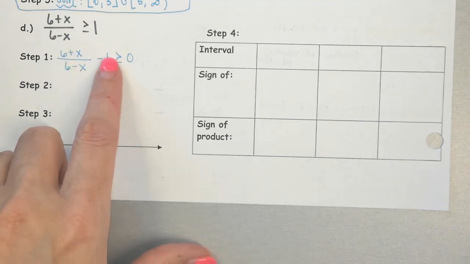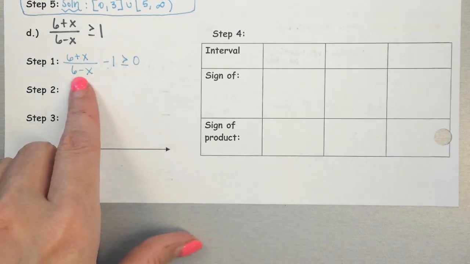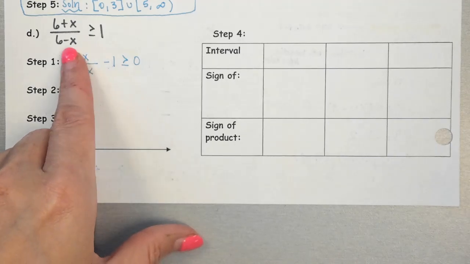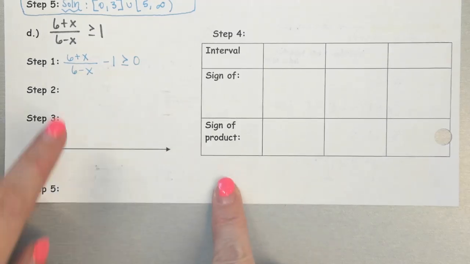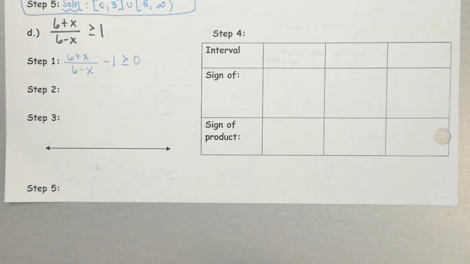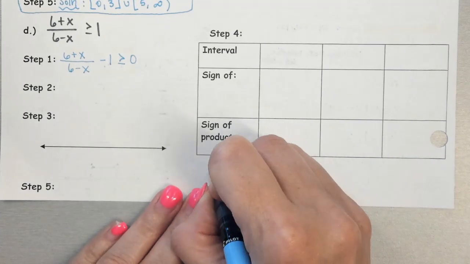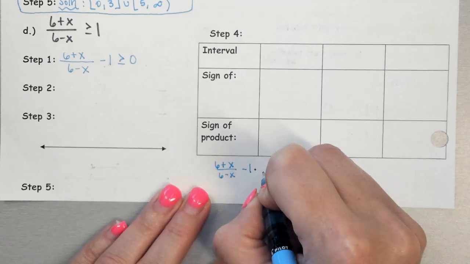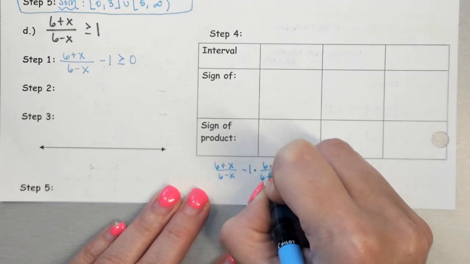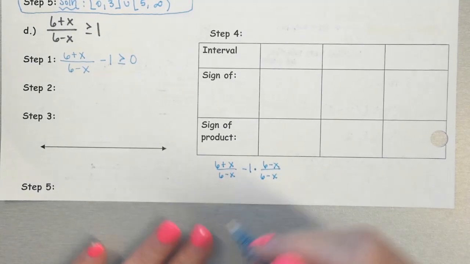We want to make this one term on the top and one term on the bottom. So we are going to have to get a common denominator here. I'm going to write that work over here because there just isn't enough room there. To get a common denominator, we are going to multiply -1 by (6 minus x) over (6 minus x).